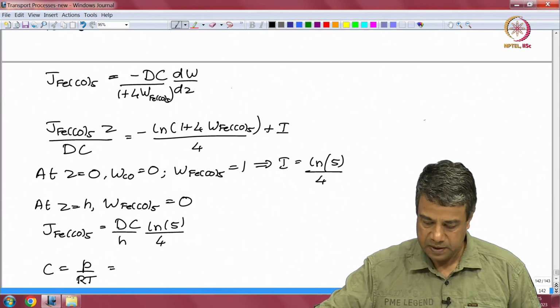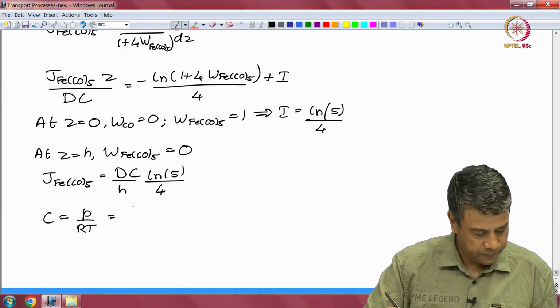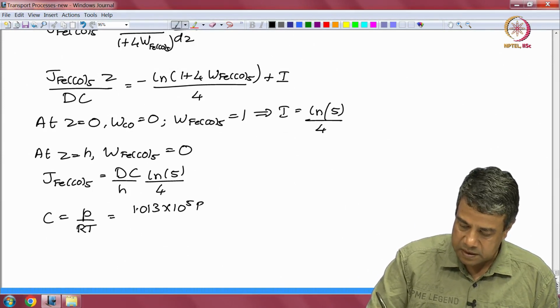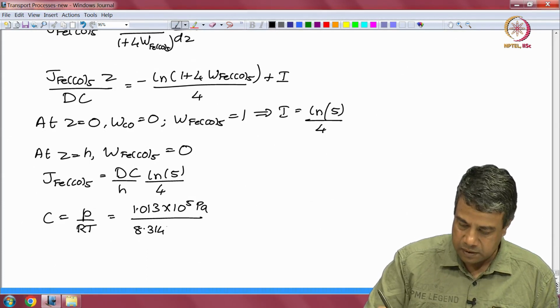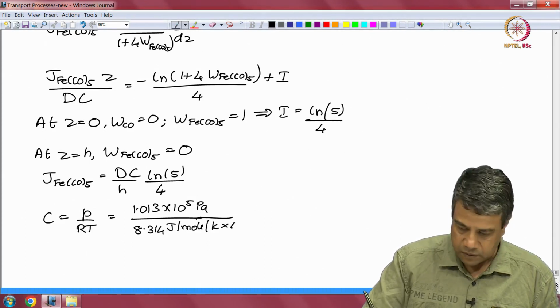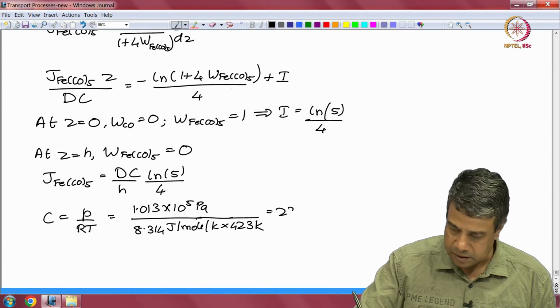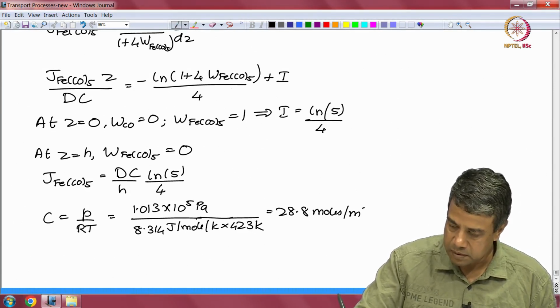So, c is equal to 1.013 times 10 power 5 Pascal divided by 8.314 joules per mole per Kelvin into 423 Kelvin, which is 28.8 moles per meter cubed.